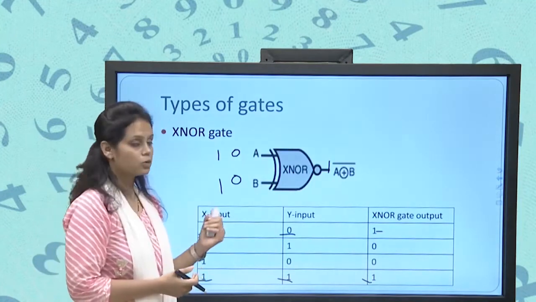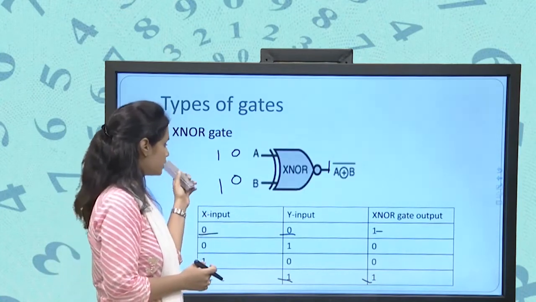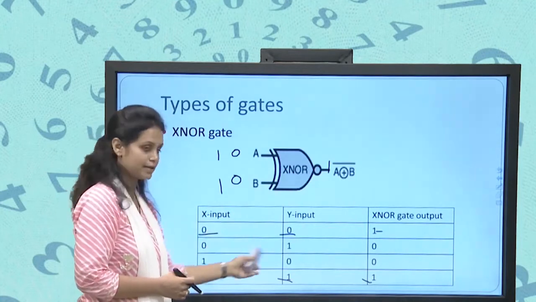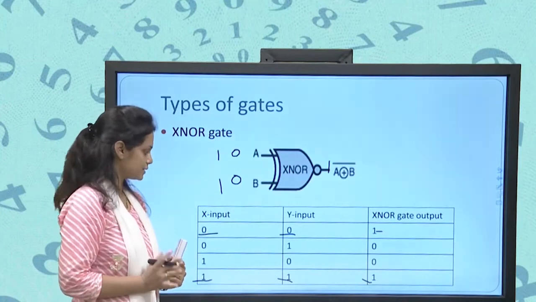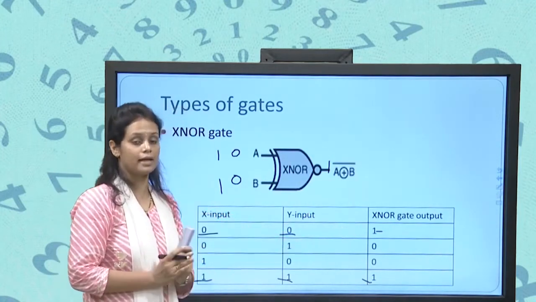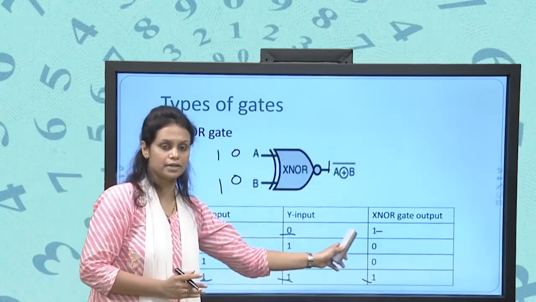How is XNOR different from the XOR gate? XNOR gate will give the output 1 if your 2 bits are same, while in the XOR gate if your 2 bits are same then output is always 0.